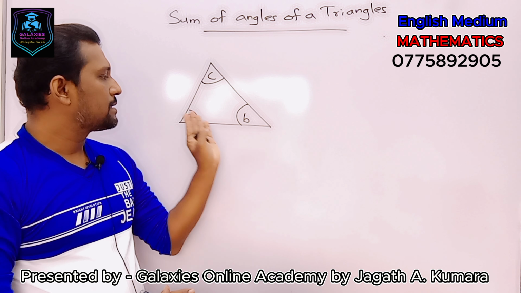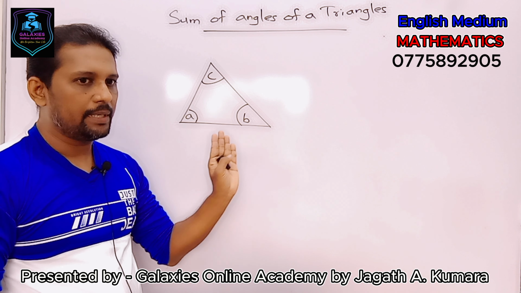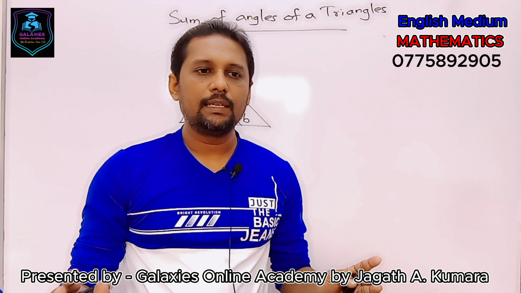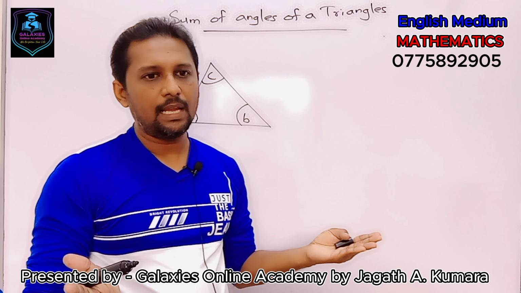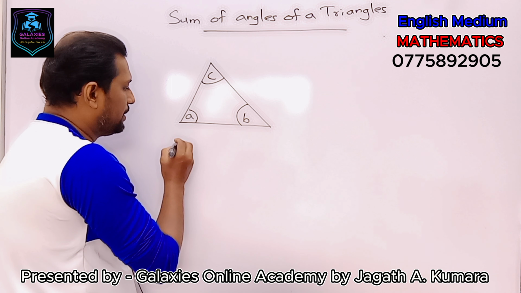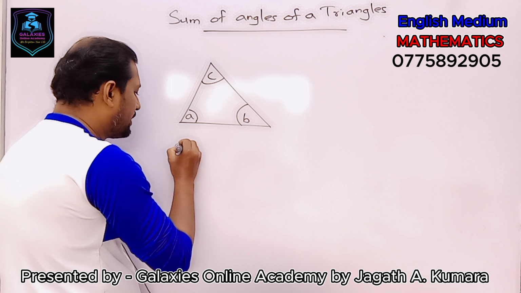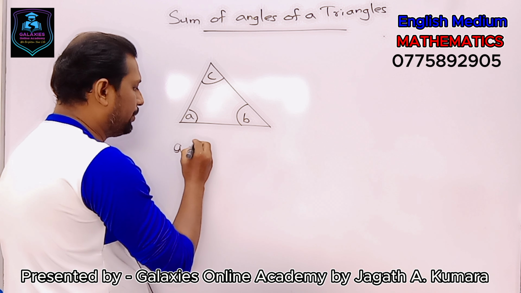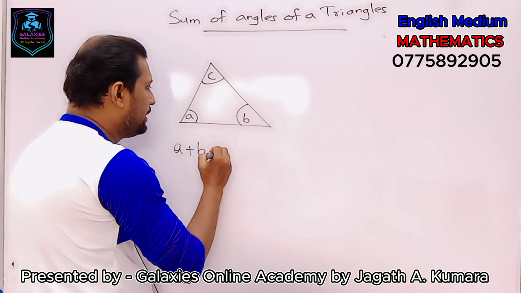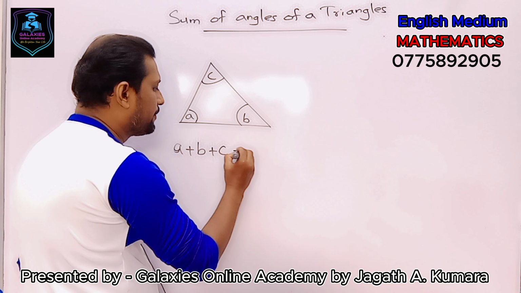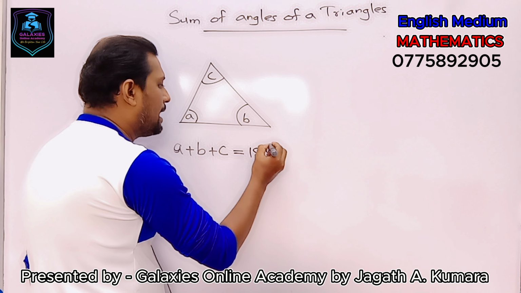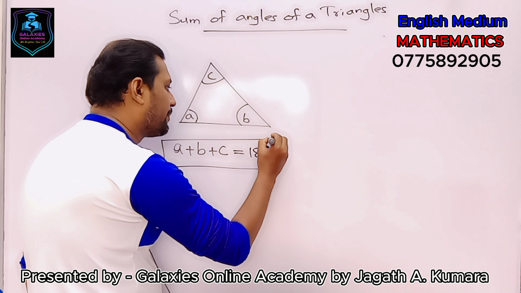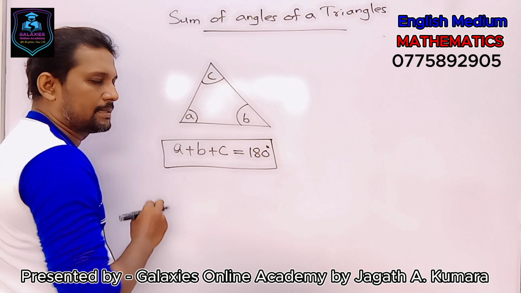That means the sum of these three angles should be equal to 180 degrees. Sum means what? Addition. So I can write the theorem like this: magnitude A plus magnitude B plus magnitude C, then these three angles' sum is equal to 180 degrees.